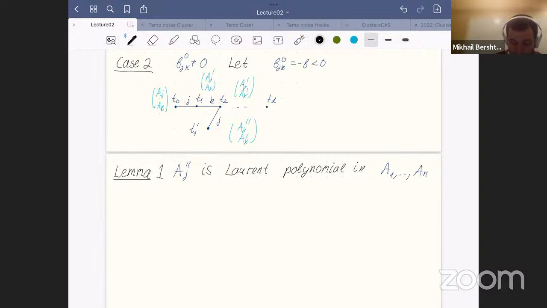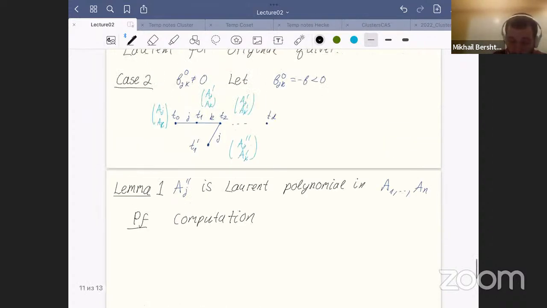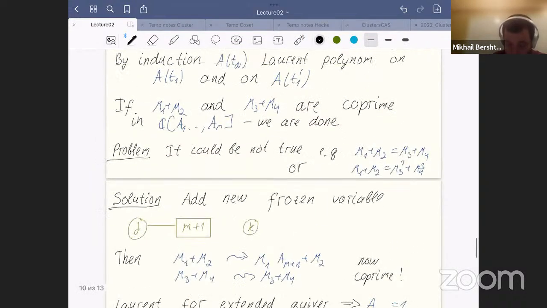Okay, I will do it now. And after this computation, you can argue like before.